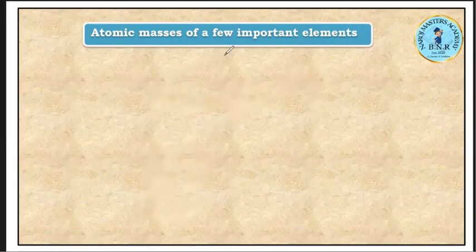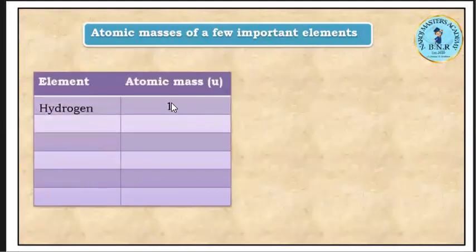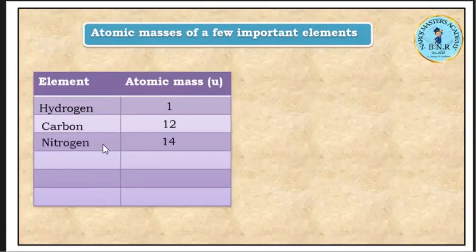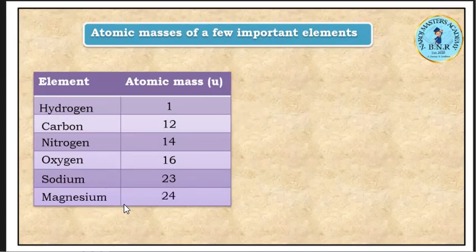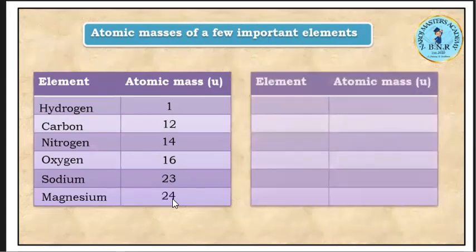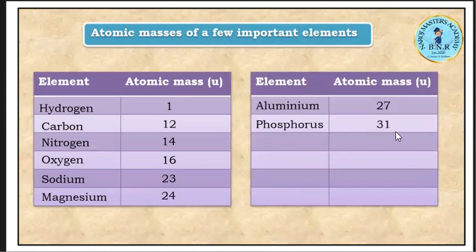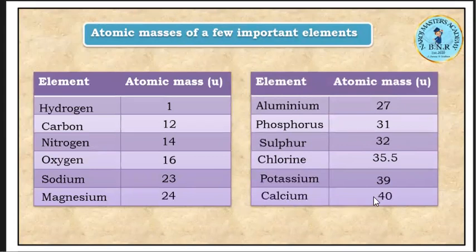So the atomic masses of a few important elements you can note down here. For hydrogen, atomic mass is 1 unit. Carbon 12, nitrogen 14, oxygen 16, sodium 23, magnesium 24, aluminium 27, phosphorus 31, sulfur 32, chlorine 35.5, potassium 39, and then calcium 40.